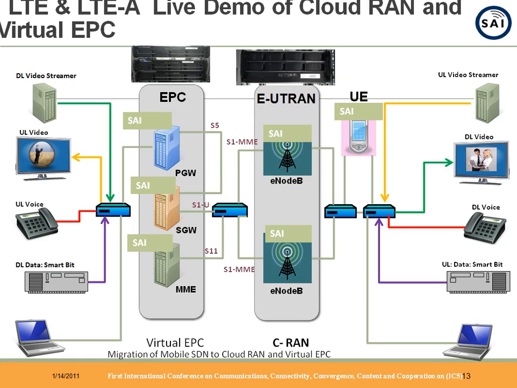So what we have in this demo, there are 2 key highlights. One, everything was implemented as a soft EPC or soft RAN implementation. Then we have migrated this into a virtual EPC core, that's the core network for the LTE, and similarly we moved the soft RAN into an implementation on a cloud-based implementation.